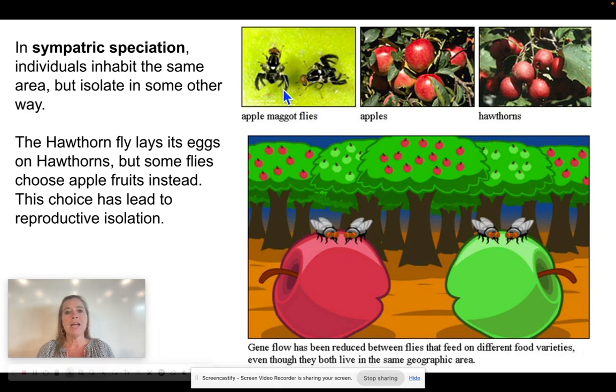It just so happens that in the same orchard, a hawthorn fly will lay its eggs on a hawthorn apple, and a normal apple maggot fly will lay its eggs on a normal apple. Because of that, they have over time become separate species just because of their behavior. That's called sympatric speciation. They can no longer mate.